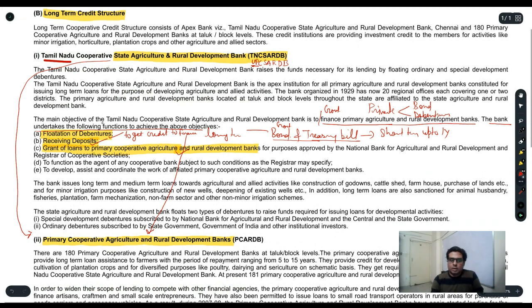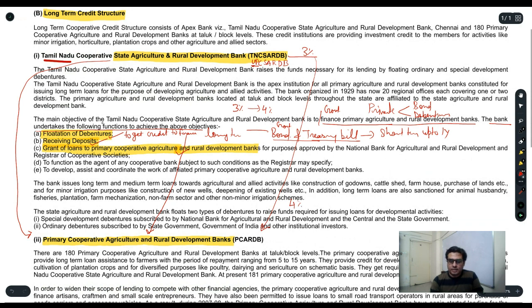So for example, they took the loan at the interest of 3% and provided that money to primary agriculture cooperative societies at the interest rate of 4%. So they take the loan in the form of debenture at 3%, and then give this loan to them at 4%, right?